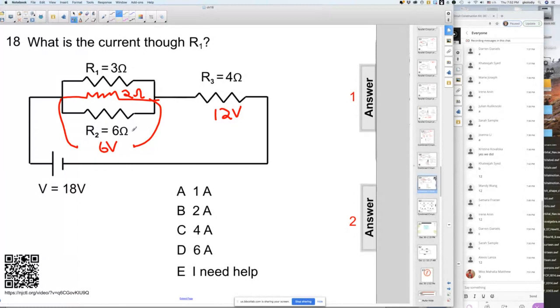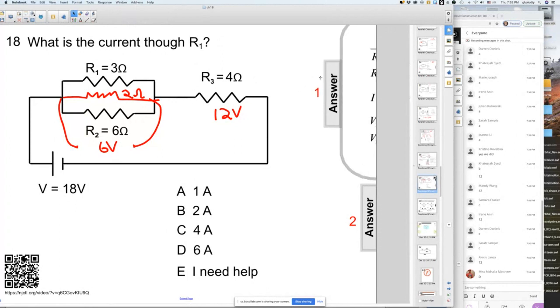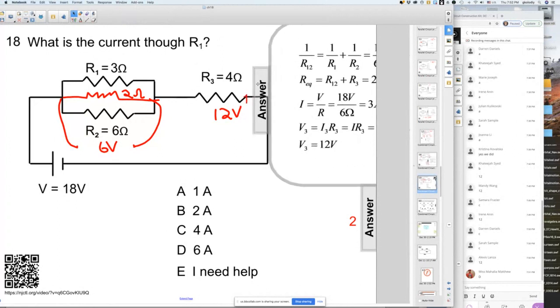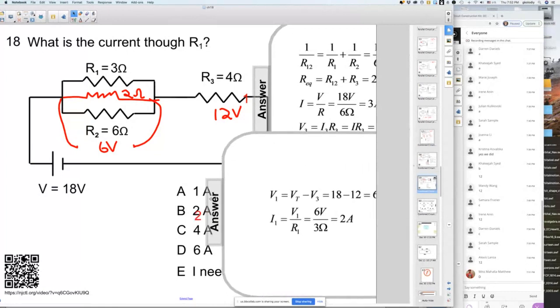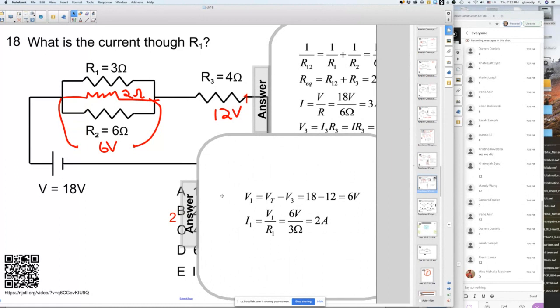And this will be the voltage across both of these resistors, all right? So again, this gives you the answer for the voltage across the 3 ohm resistor, and this gives you the answer across. But here they're subtracting 18 minus 12, 6 volts across here, and therefore the current will be 2 amps.